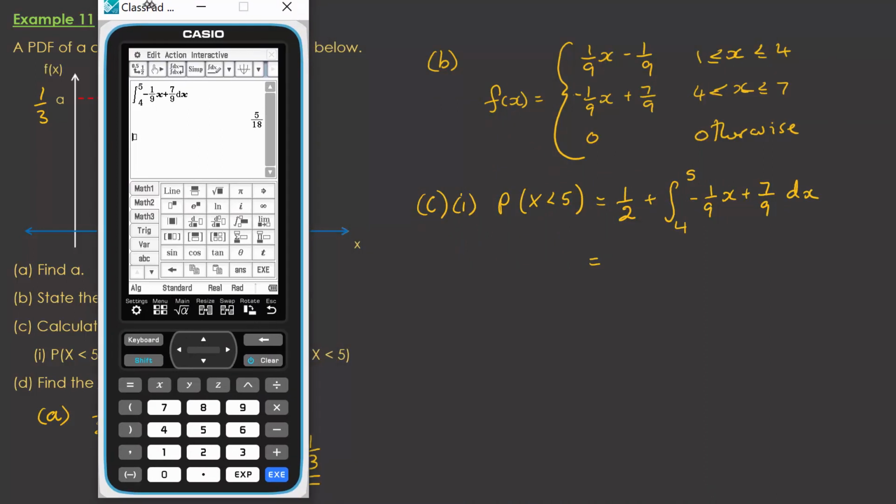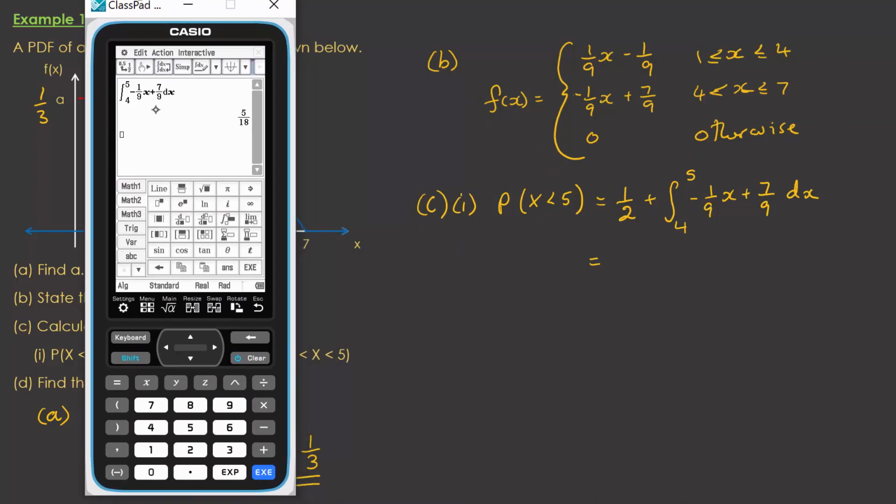And you can see on the calculator here, I've already done that integral. I know that we could do this integral manually, but let's take the sting out of it, use the calculator to save time. And so what we need is a half, add that last answer, and that gives us 7/9.